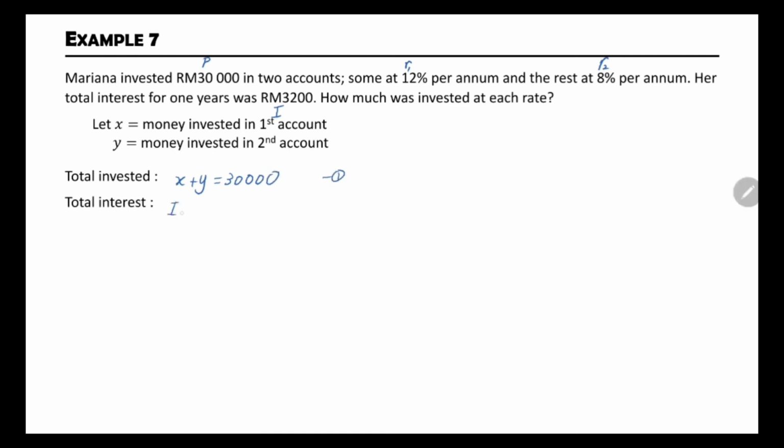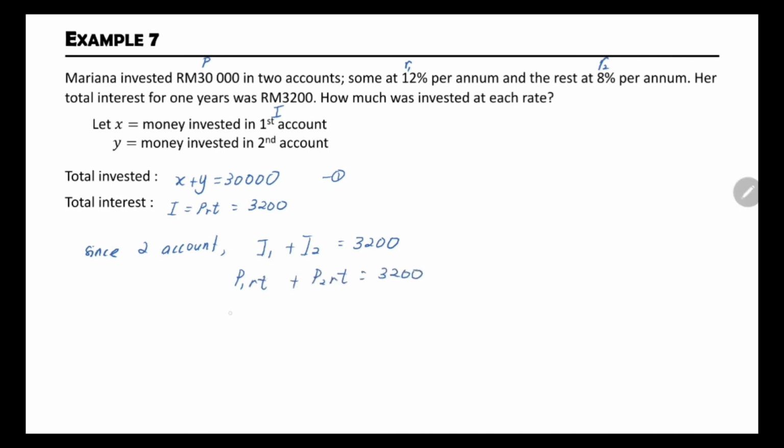So interest is PRT equal to 3,200. This is equation 2. And since we have two accounts, we have two interests, one from each account. Total is 3,200. I1 is from principal 1, RT, and I2 is from principal 2, equal to 3,200.